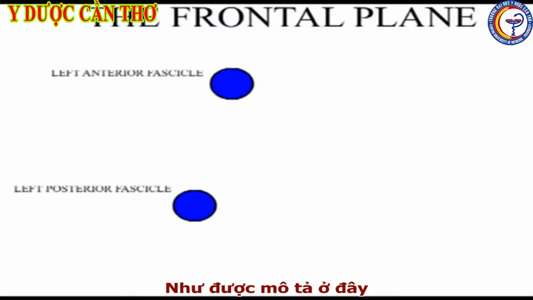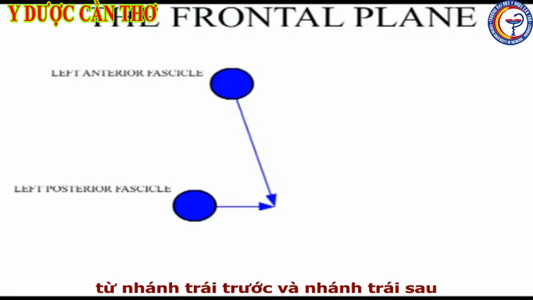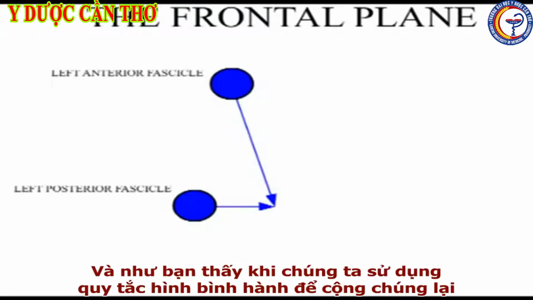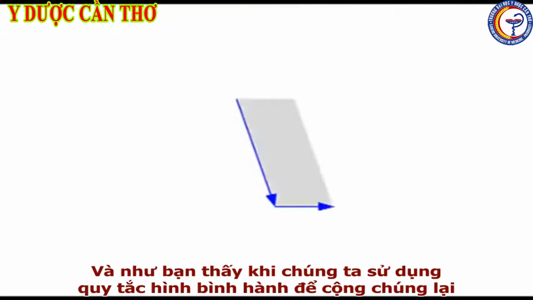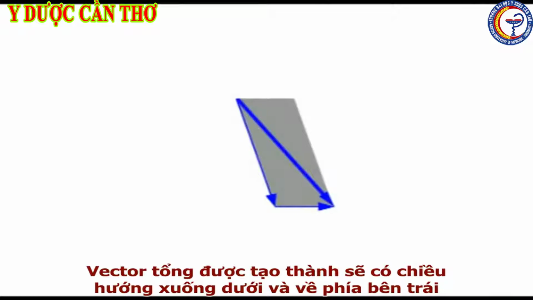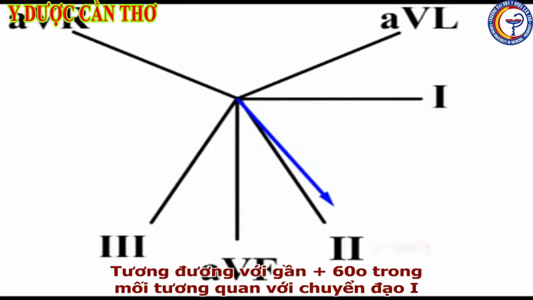As shown here, in the frontal plane, the plane of the screen, they can be represented as vectors flowing simultaneously from the left anterior fascicle and from the left posterior fascicle. As you can see, when we use the parallelogram rule to add them together, the total vector generated is traveling downwards and to the left, more or less straight down lead 2, at approximately 60 degrees relative to lead 1.